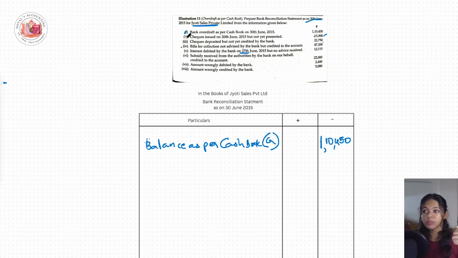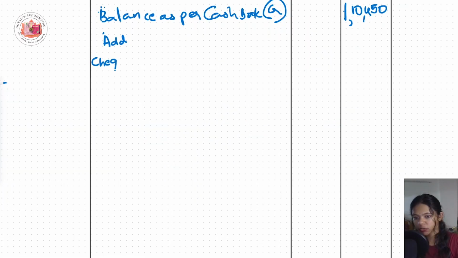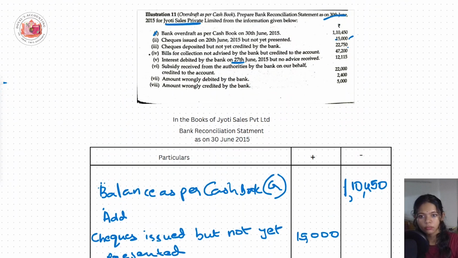And since we are starting from the cash book's perspective, we will add this amount. Checks issued but not yet presented, 15,000.